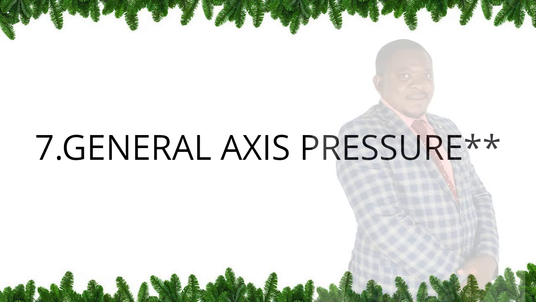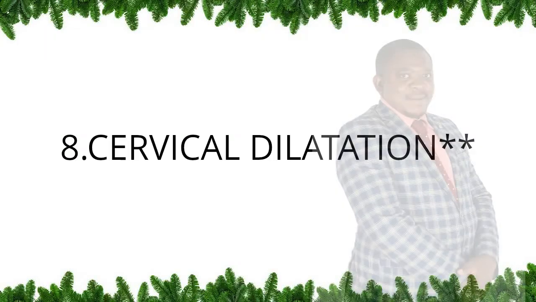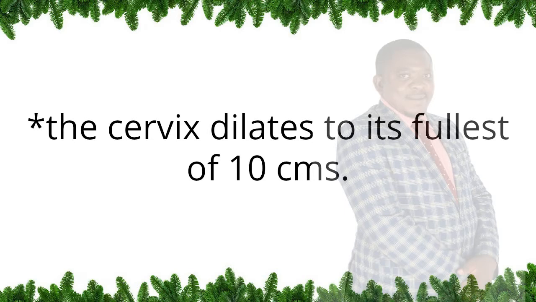7. General axis pressure. The contractions start from the upper segment, exerting pressure on the hindwaters. The hindwaters also exert pressure on the fetus, and finally the fetus pushes the forewaters, and the cervix will dilate, delivering the fetus. 8. Cervical dilatation. The cervix dilates to its fullest of 10 cm.